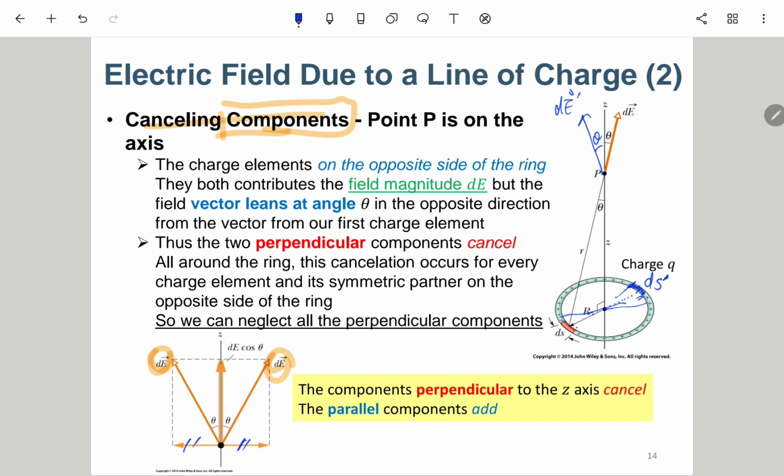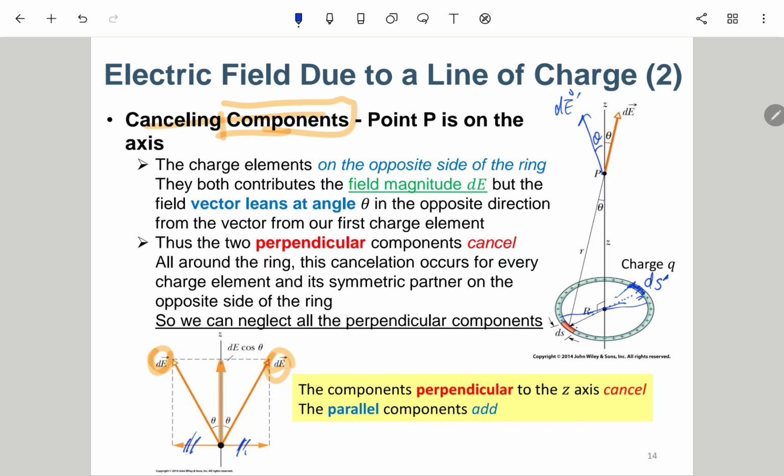I cannot say whether it is the x-axis or y-axis, because if you go along the circle, it may move from the x-axis to the y-axis or somewhere between. So we can only say that the horizontal component will cancel each other. Only the vertical component will superimpose.